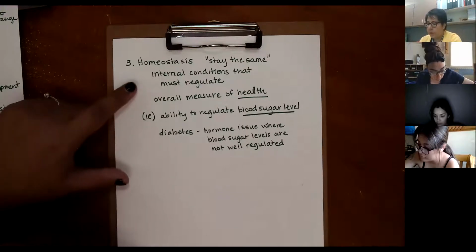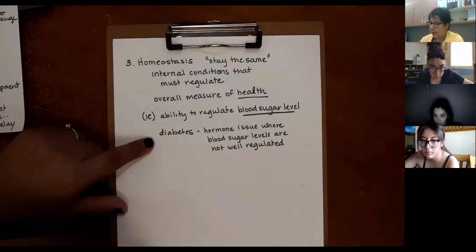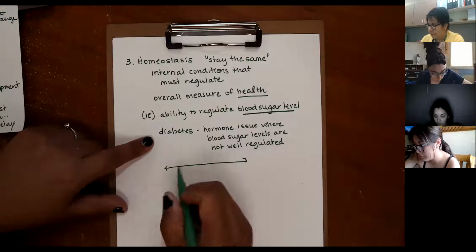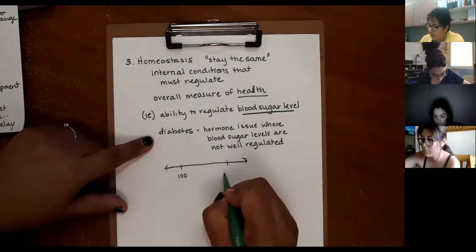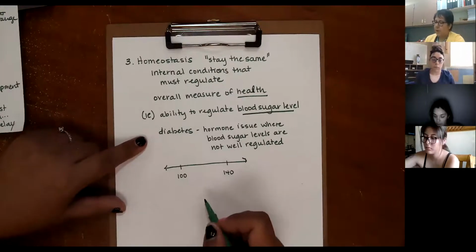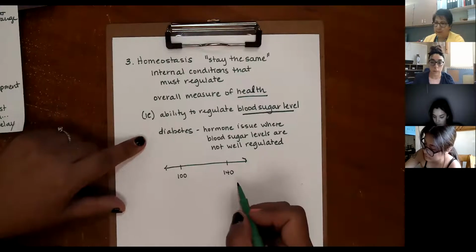Now, when your homeostasis is interrupted, it doesn't necessarily mean that you're going to suffer to some great extent. Because if I use blood sugar level as an example, most people's blood sugar level is somewhere around 100 to 140 when they have been fasting.